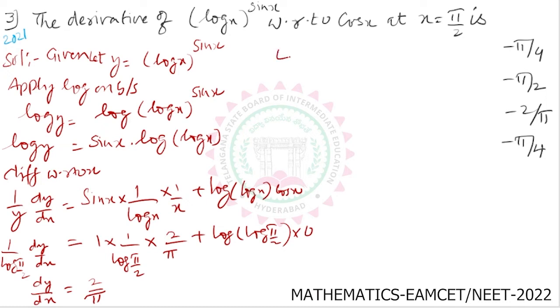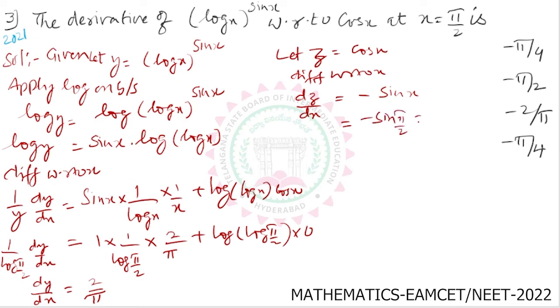So let z is equal to cos x, differentiating with respect to x. This becomes dz by dx is equal to derivative of cos x, minus sin x. If I substitute x equal to 90 degrees, that is minus sin 90, the answer is minus 1.